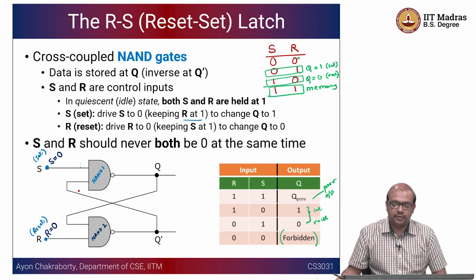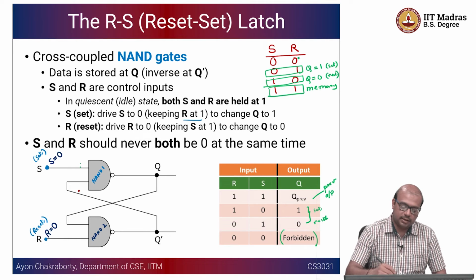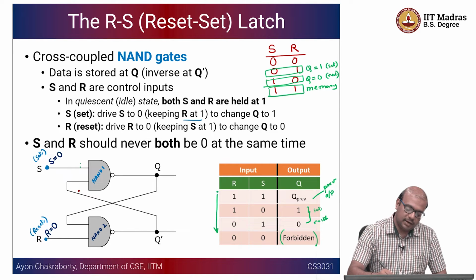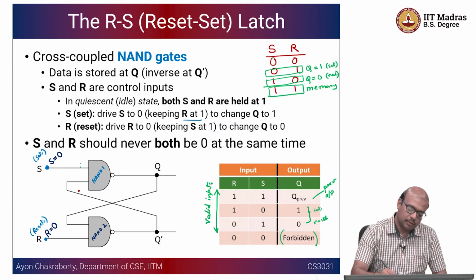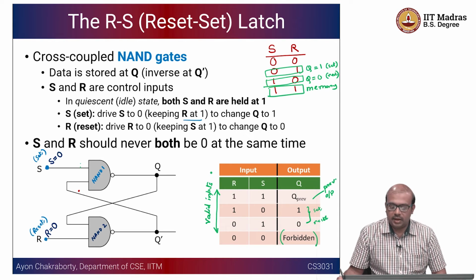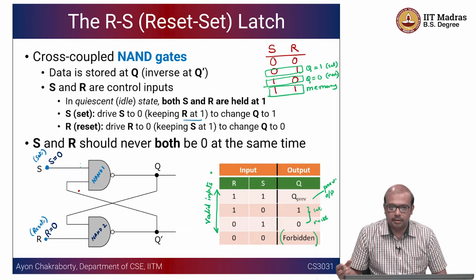Here specifically you need to remember these 3 things that are valid inputs in case of an RS latch. If S and R are both 1, then it holds the previous state, or it acts as a memory element, right.